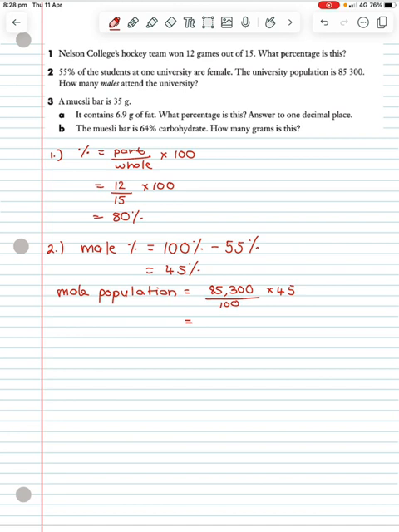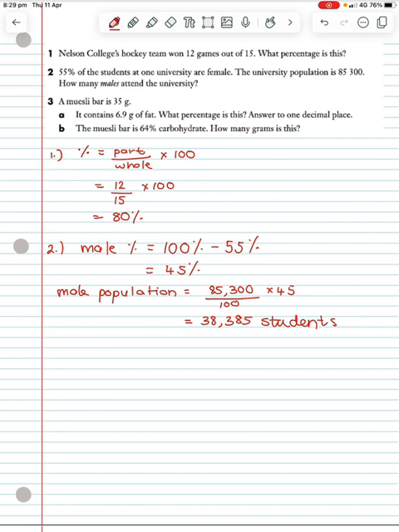Let me clear my calculator. We've got 85,300, divided by 100, which gives us 853. Then we multiply it by 45, and that gives us 38,385 students. So that's one way we can do it.